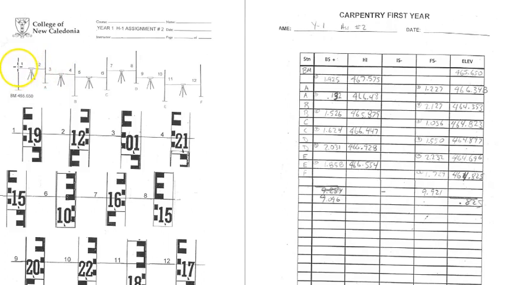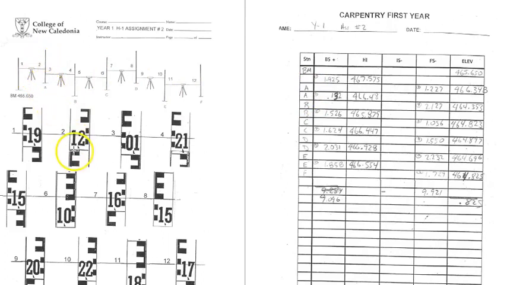Now we're able to swing our instrument around and take shots anywhere in the field. So now we want to know what the elevation is at A. In our station column, we will put A, and we'll set up the rod and shoot the rod.